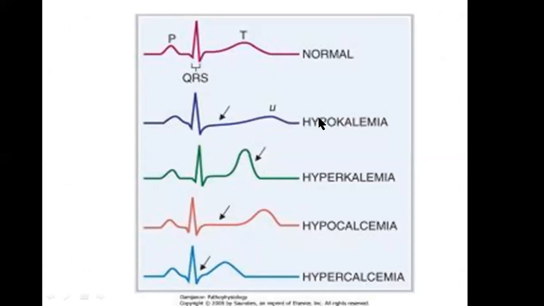Hypocalcemia, hypokalemia: when both of these go down, the QT interval goes long. When these go up, hyperkalemia, hypercalcemia, the QT interval goes short. Hypokalemia, hypocalcemia, the QT interval goes longer.